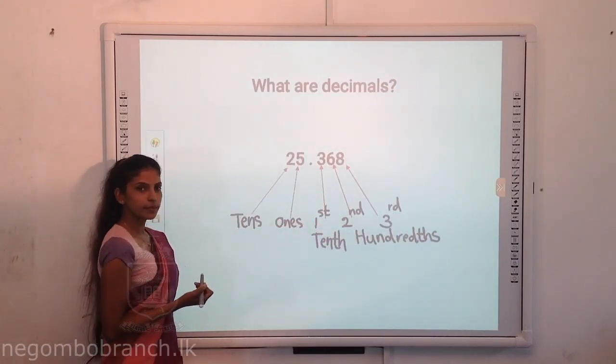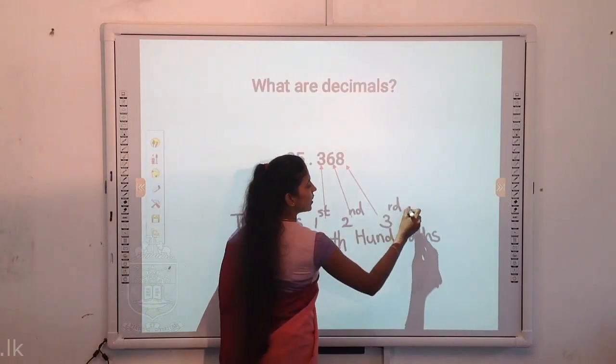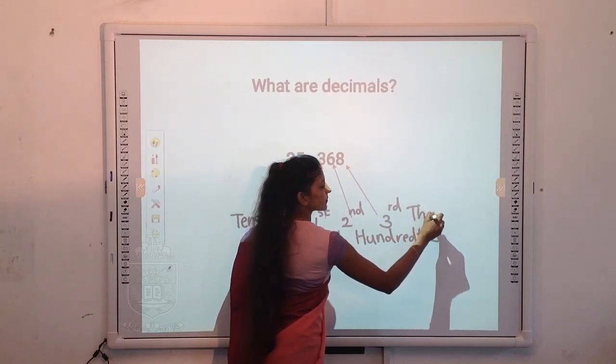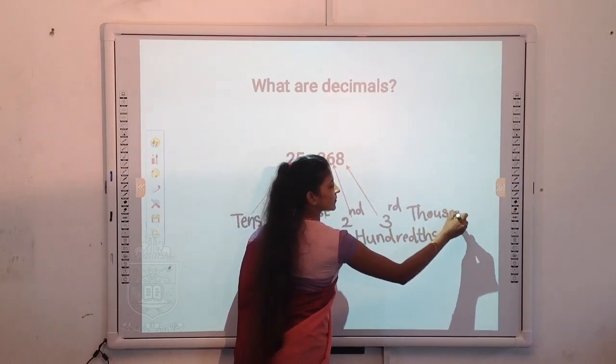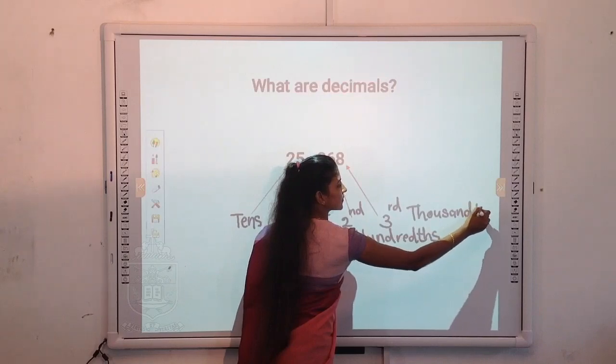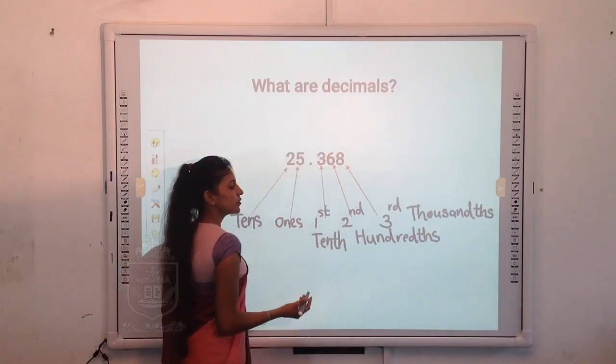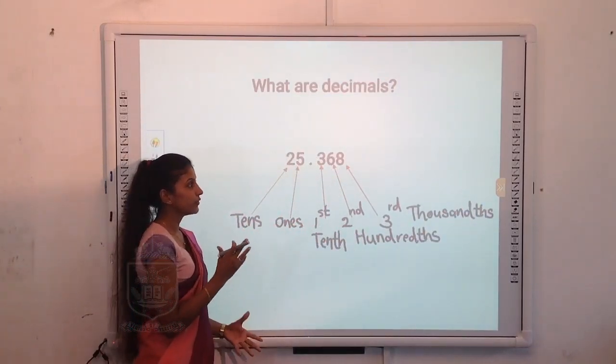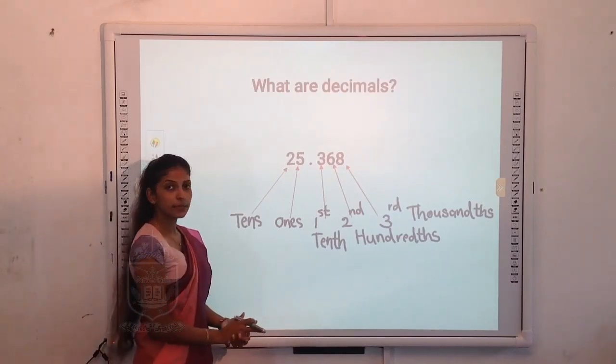And the third decimal place can be taken as the thousandth place. So this is the way of giving the place values in a decimal number.